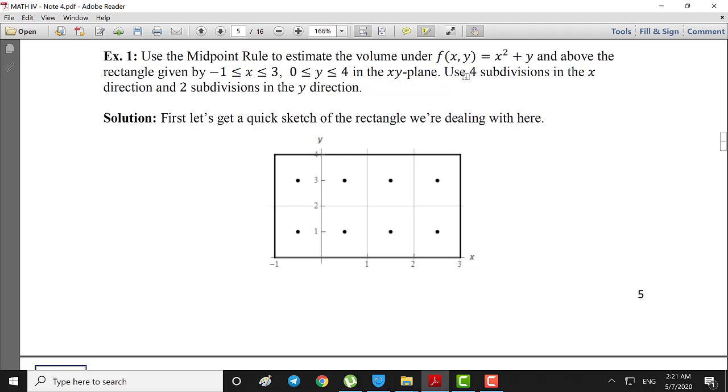So the function is given to us, the rectangle is also given to us, the number of subdivisions in the x and y directions is also given to us, and we want to use the midpoint rule to estimate the volume under the surface.